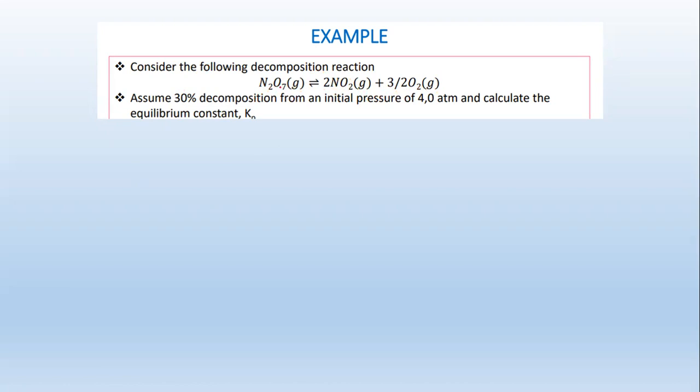Number two, check whether your chemical equation is balanced, because the coefficients are very important when writing your equilibrium expression. So is this chemical equation balanced? Because they didn't say consider your balanced, they just say consider the following decomposition reaction. So it's your duty and your responsibility to make sure that your equation is always balanced.